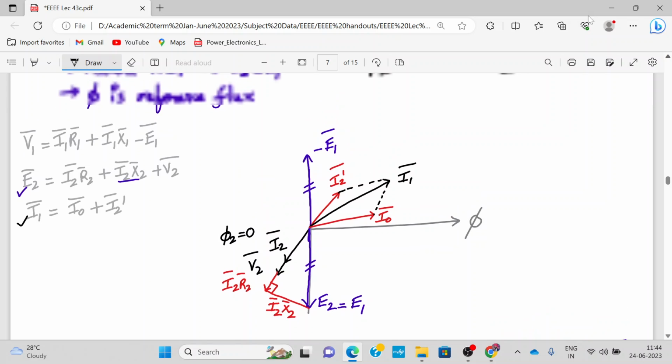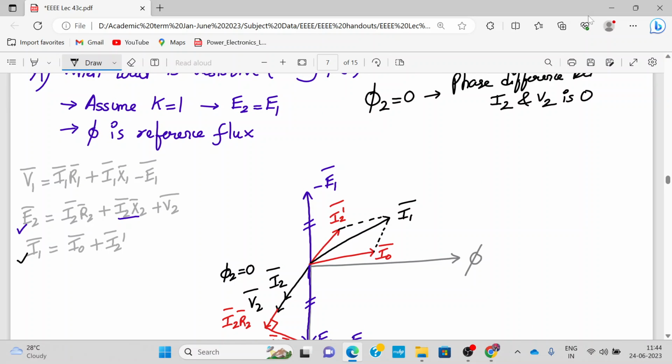Now further, concentrate on this equation. V1 bar is I1 R1 plus I1 X1 minus E1, right? So it's an addition of all these three things. Now to minus E1, we have to add a resistive drop, and this resistive drop is I1 R1.